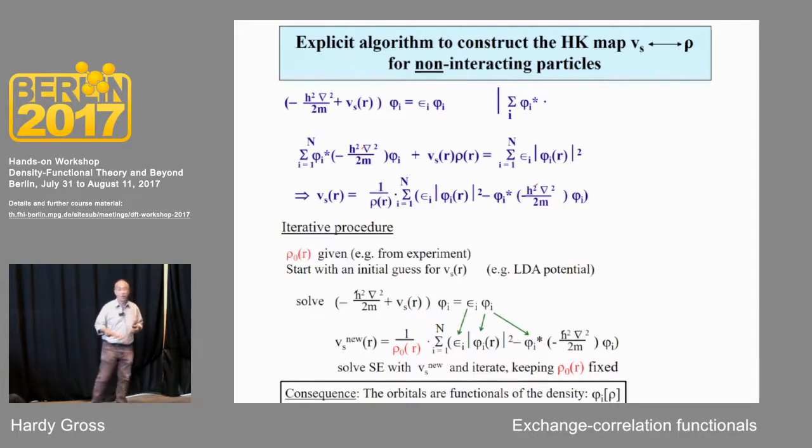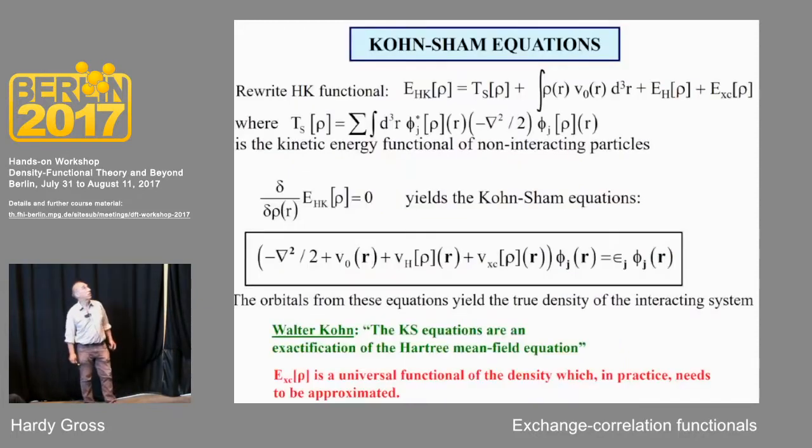So the orbitals are functionals of the density. Okay, and here now finally the Kohn-Sham equation that you have seen, all of you, before. And so these equations yield the right density of the interacting system if you have the elusive exact functional here.